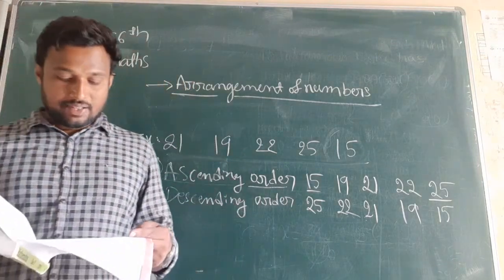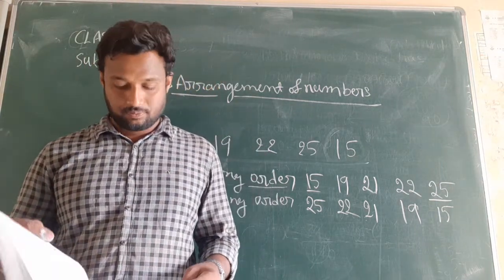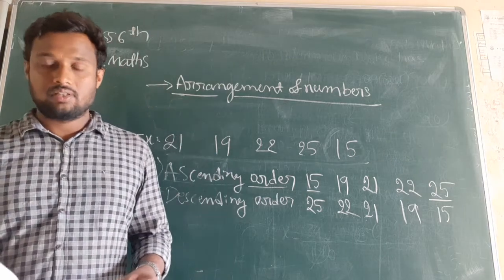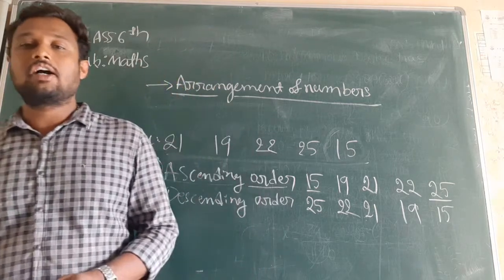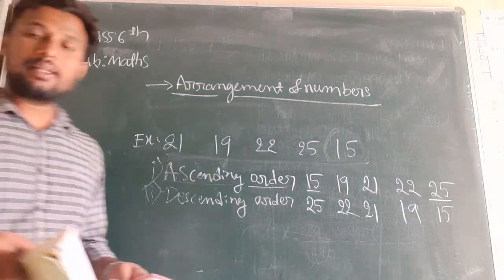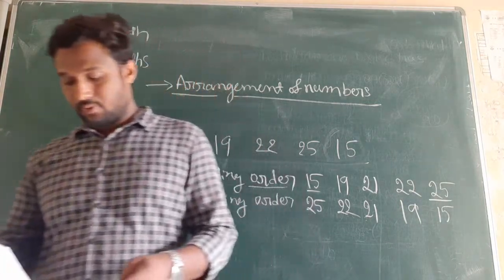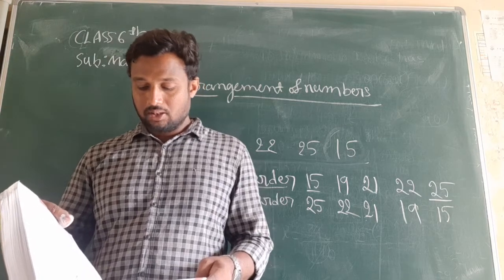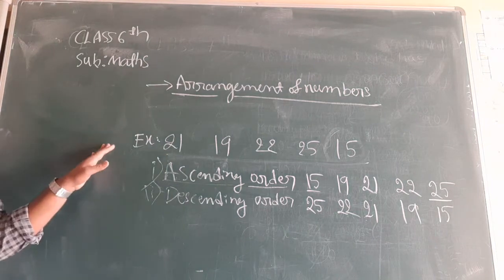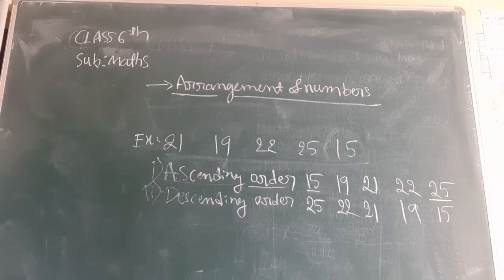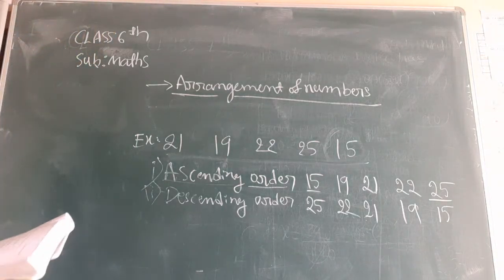And write there, descending order means arrangement from the greatest to smallest. And below that, write this example. Okay, pause the video, write this example. So now I will continue with some more examples.